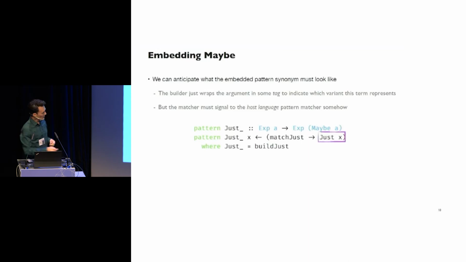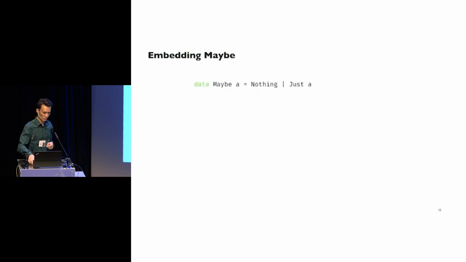The key thing here is that this is a Just constructor at the Haskell level, so this is a Maybe of type X A. And because it's on the right of this view pattern in the matcher, that's going to be the thing that signals to the Haskell pattern matcher whether to succeed or fail. This is the trick.